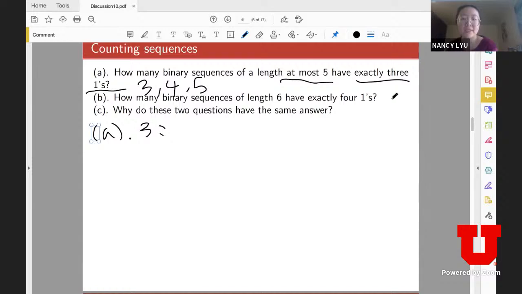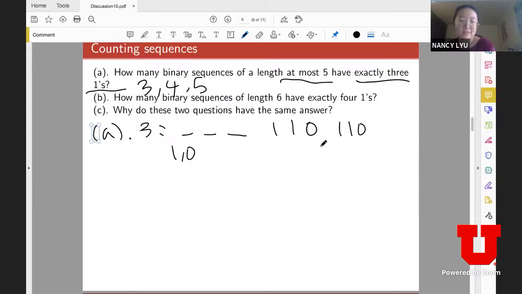So a binary sequence, let's see if we have 3 spots here. And we can put either 1 or 0. The order matters basically means that your 1, 1, 0 is different than 1, 1, 0.